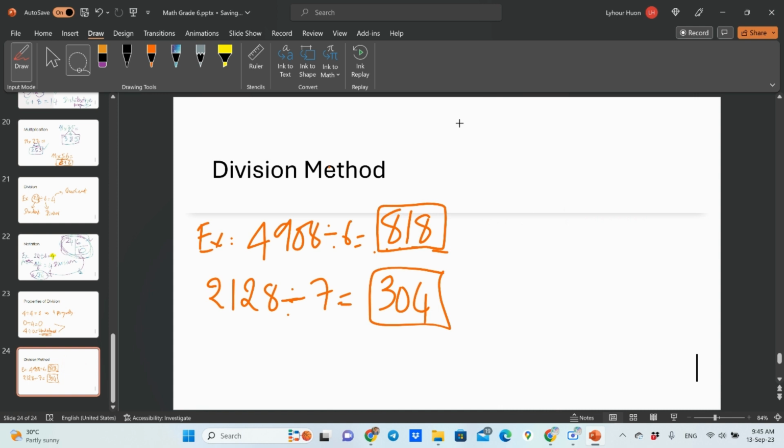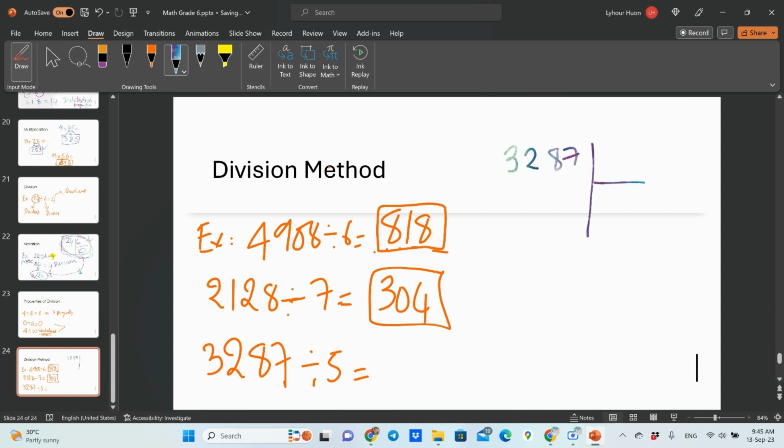Okay, another example: 3,287 divided by 5.